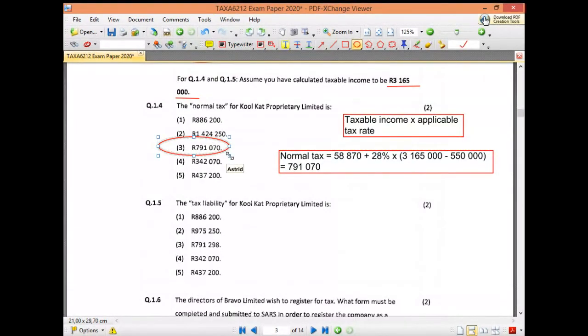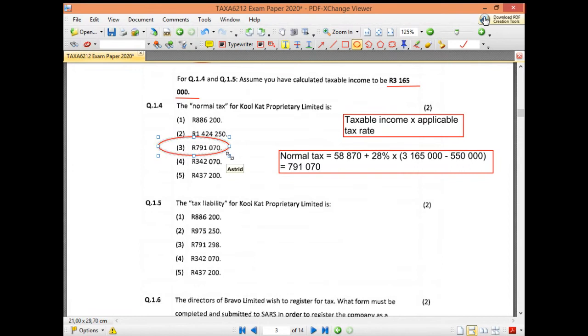Okay, if you run out of time, a little tip on how to do this. If you run out of time, we know 28% is the maximum you would pay if you're a company. And we know they're already on the 28%. So then you go work out what it is if you paid a full 28%, and then it's generally just slightly less than that.